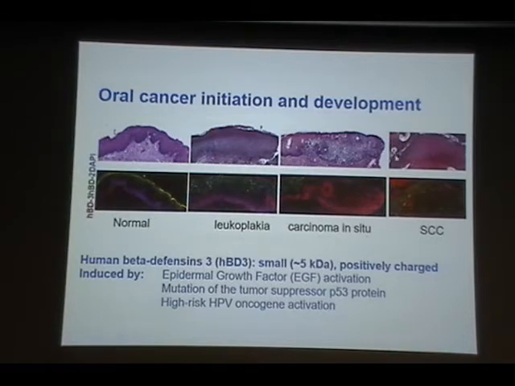And once they become full-blown cancer, those cancer cells in the closed keratin pearl, those are dead cancer cells. They produce beta-defensin 2, HBD2. Cancer cells at the invasion front only produce HBD3.